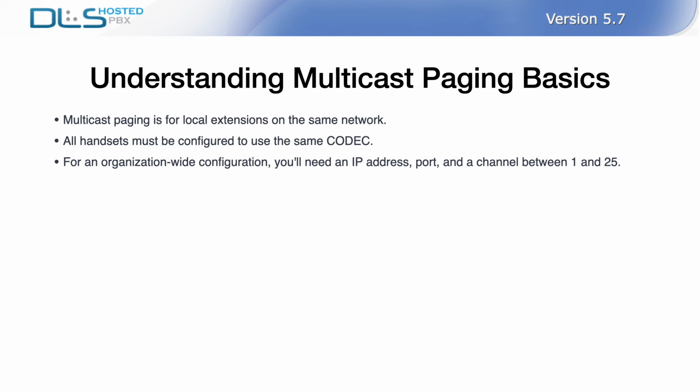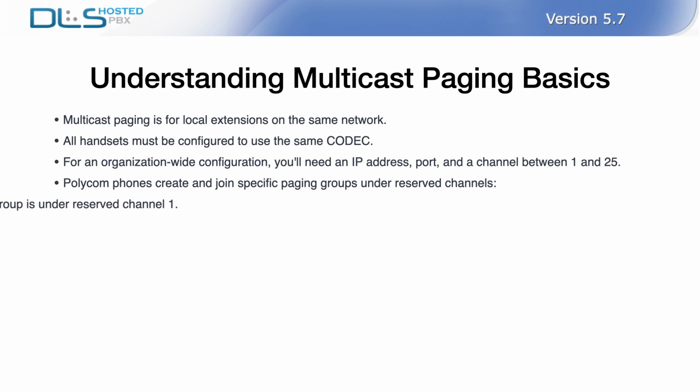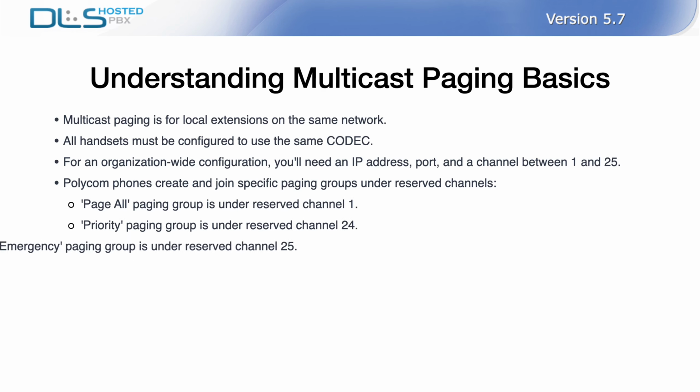For an organization-wide configuration, you'll need an IP address, port, and a channel between 1 and 25. Polycom phones create and join specific paging groups under reserved channels. Page All paging group is under reserved channel 1. Priority paging group is under reserved channel 24. Emergency paging group is under reserved channel 25.